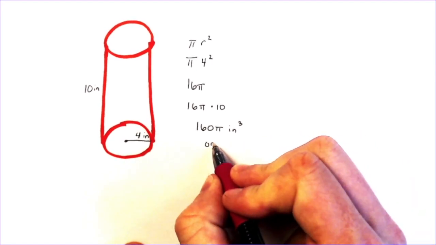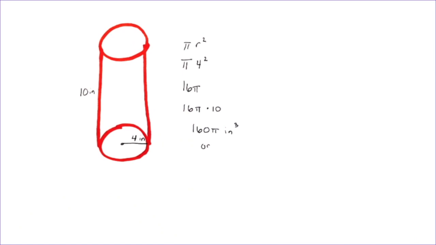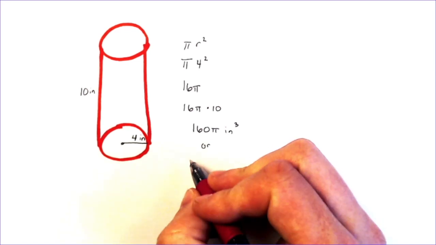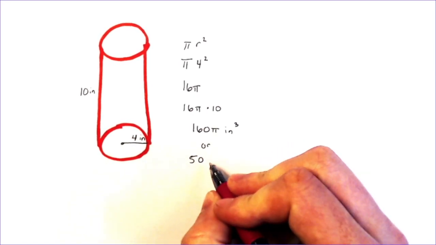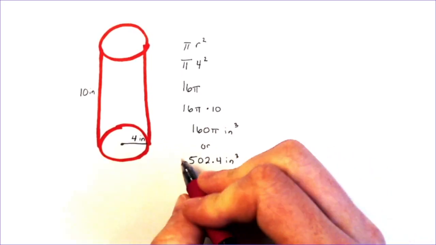The other way of formatting the answer is actually taking the pi and multiplying it by what pi is, which is 3.14. So if you took the 160 and multiplied it by 3.14, we would have approximately, in this cylinder, 502.4 inches cubed.